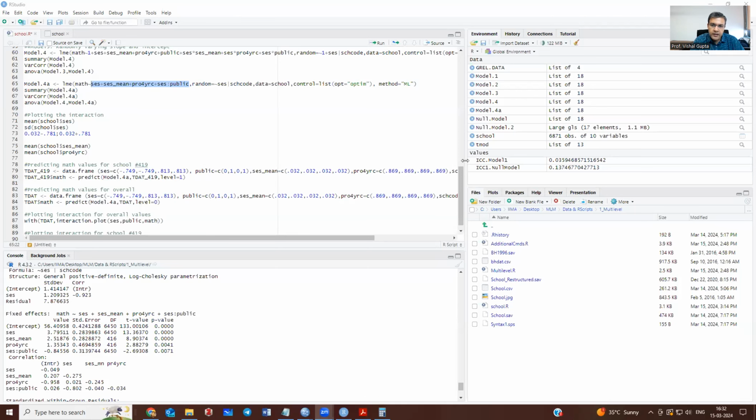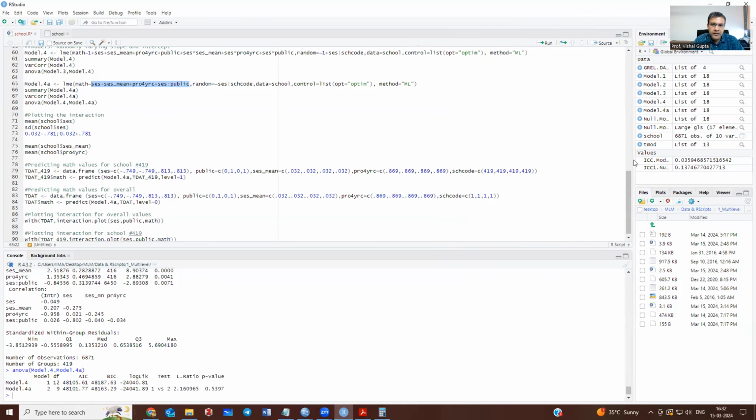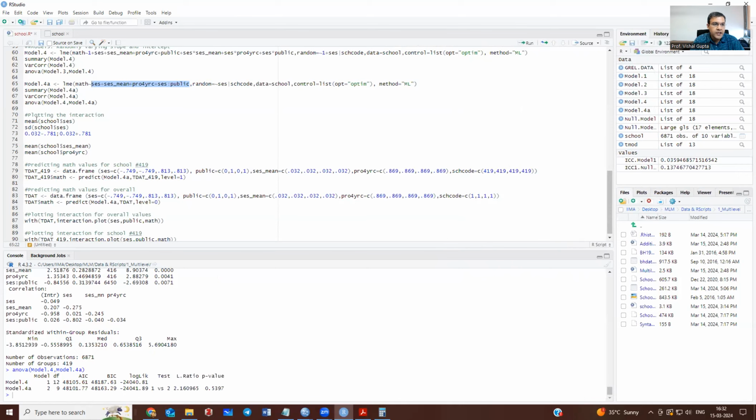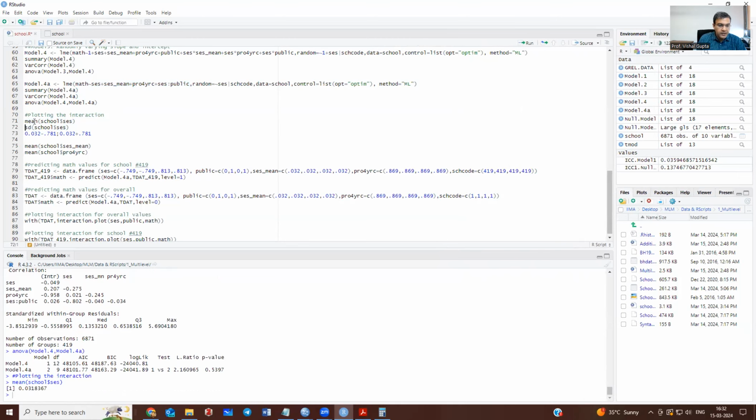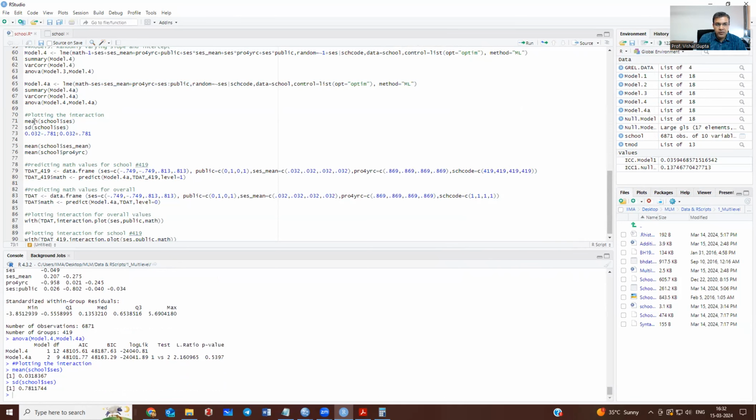Now you see I have created, line number 70, plotting the interaction. What is the mean of the school SES and standard deviation, right? So let us report that. The mean is 0.032 and the standard deviation is 0.781.